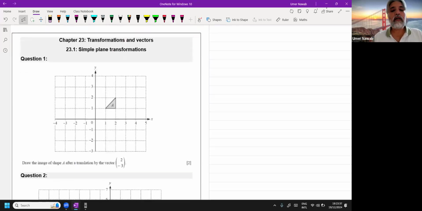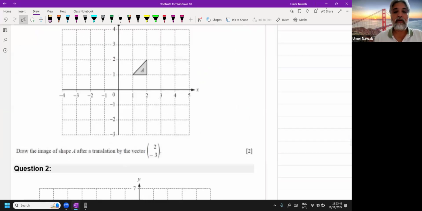Now we come to the transformation. In the transformation, we have here a column vector, which tells us how much we have to go right or left or up and down. This 2 tells me that I have to go 2 right, and this negative 3 tells you I have to go 3 down.